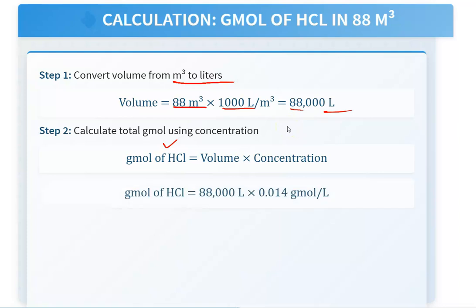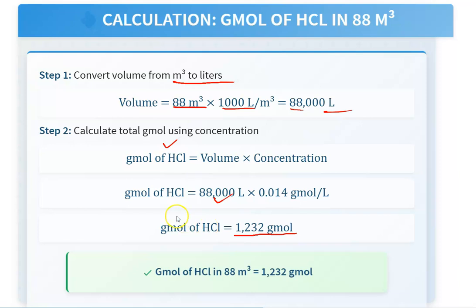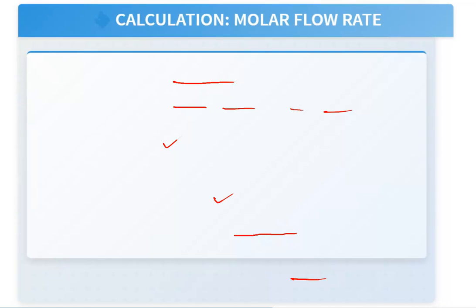So 88,000 liter and concentration 0.014 gram mole per liter. If I do the calculation, we get that gram mole of HCl is 1232 gram mole. So that is the first answer: gram mole of HCl in 88 meter cube is 1232 gram mole.